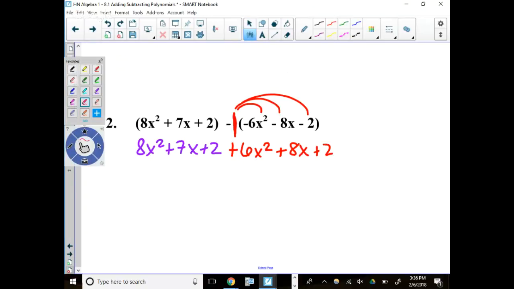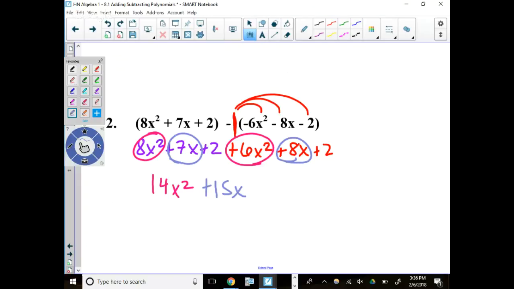Then I'm going to combine like terms. So 8x squared and 6x squared would be 14x squared. 7x plus 8x is 15x. And then 2 plus 2 would give us 4.